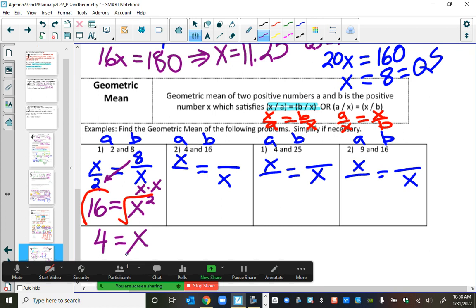Okay. You should get a whole number here. You should get whole numbers for these x's.